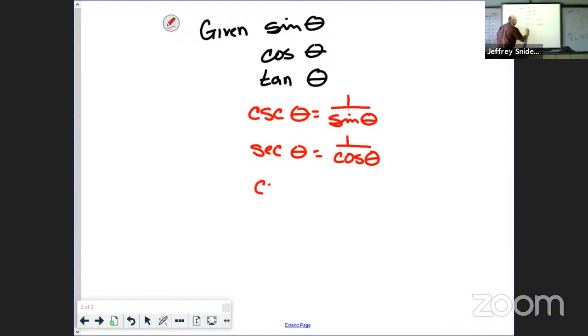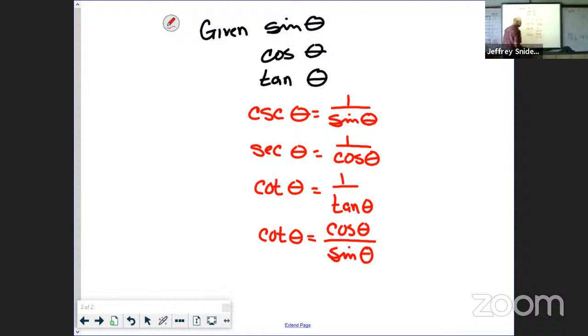The next one is the cotangent of theta. We said the cotangent of theta is equal to what? We wrote it 2 different ways. One way of writing it would be writing it as 1 over the tangent of theta. We also said that the cotangent of theta is equal to cosine of theta over sine of theta.